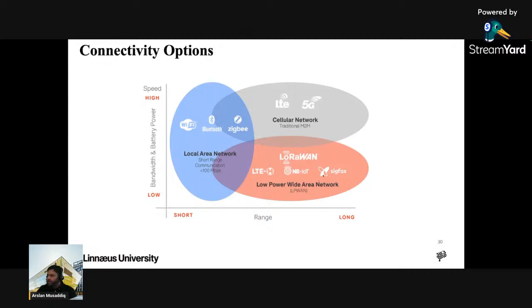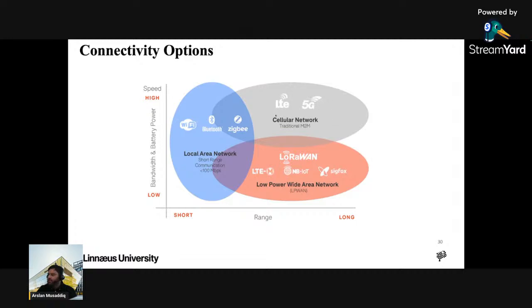On the other hand, here we have LoRaWAN based communication technologies such as LTE-M, NB-IoT, or Sigfox. They offer long range and also consume low battery, but the speed is often low, suitable for IoT based applications.